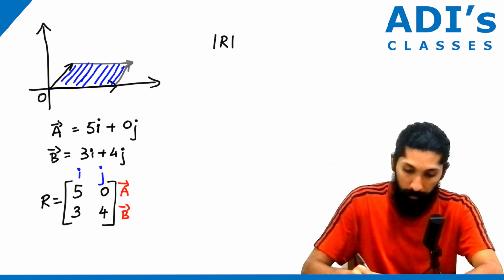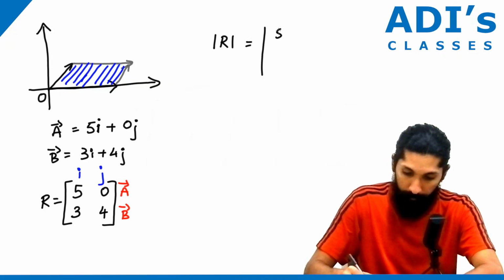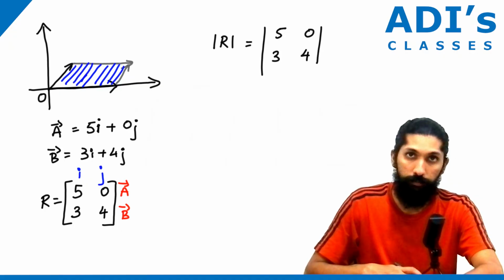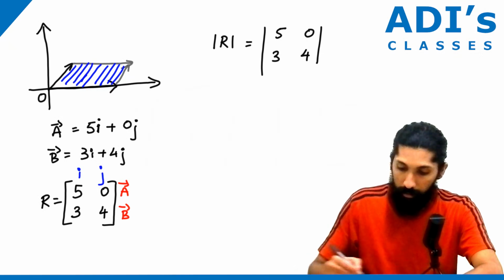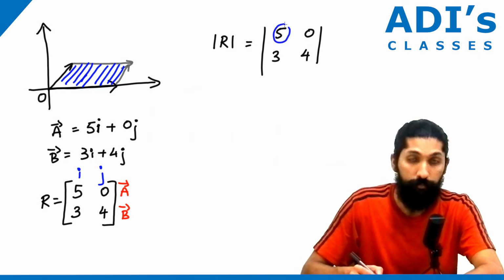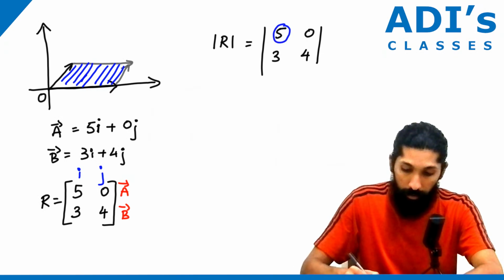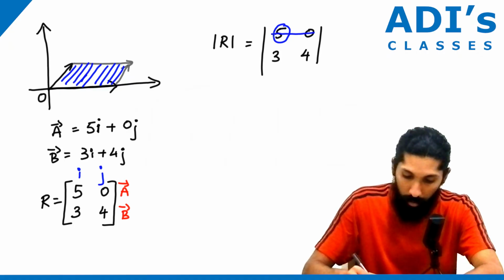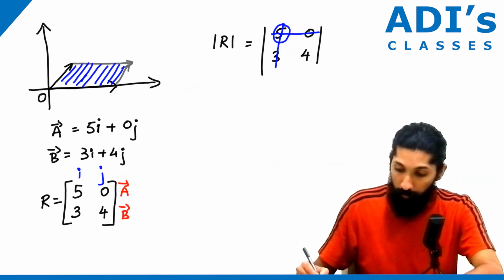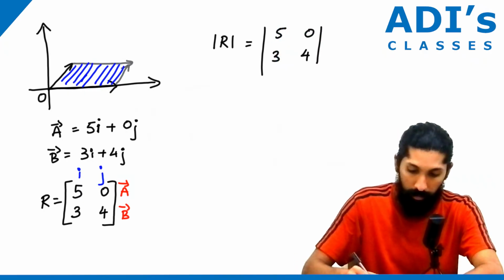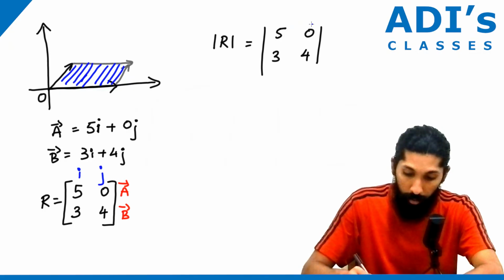So determinant of R will be the determinant of 5, 0, 3, 4. Fair enough? Whenever you take this value 5, you do not consider its row and you do not consider its column.